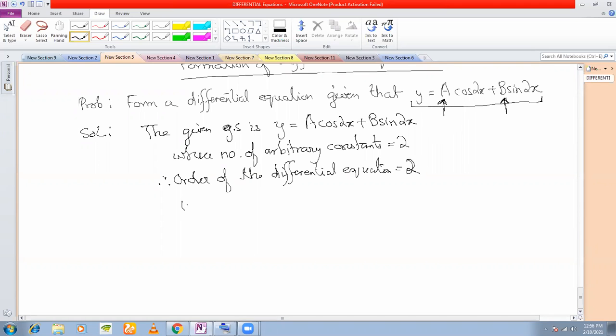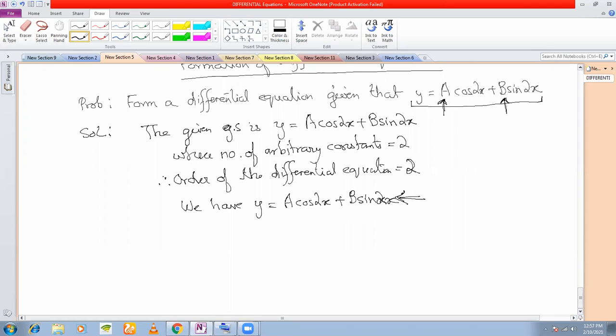Now see here, we start with this. We have y is equal to a cos 2x plus b sin 2x. Now we will differentiate this function twice.